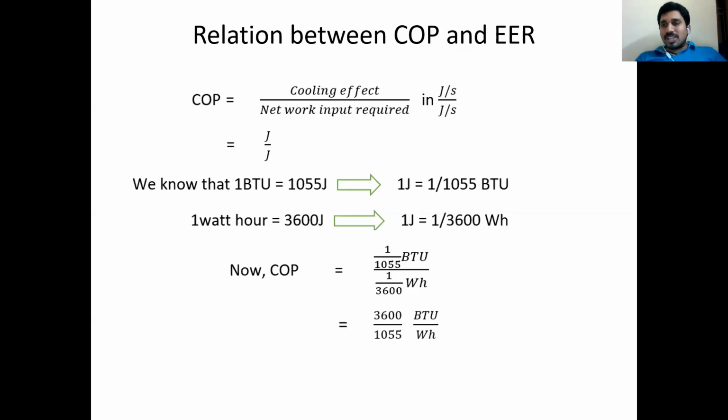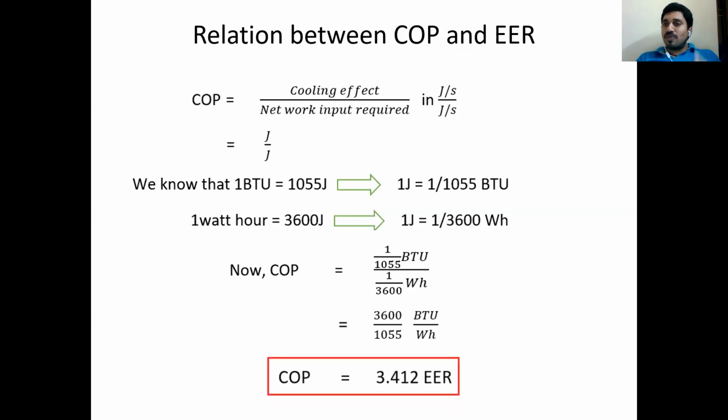BTU per watt hour, as I just told you, is nothing but energy efficiency ratio. That is a ratio in terms of energy. The numerator is in British thermal unit, the denominator is in watt hour, and the total ratio is called energy efficiency ratio. So 3600 by 1055 gives the value 3.412, with unit BTU by watt hour giving energy efficiency ratio. So finally, COP equals 3.412 times the energy efficiency ratio. That is the relation between COP and EER. From the examination point of view, this is important.